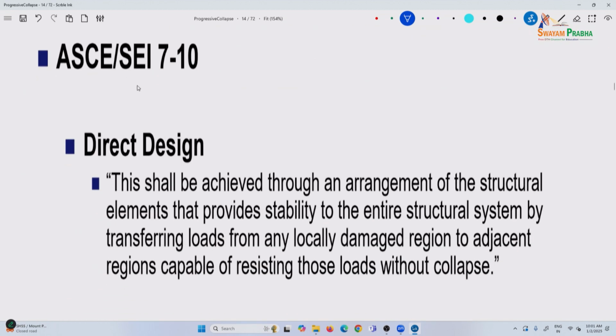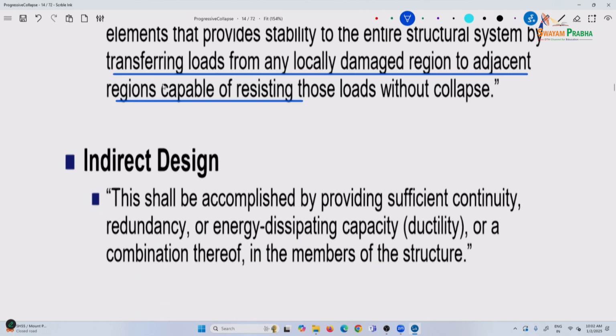The direct design approach shall be achieved through the arrangement of structural elements that provide stability to the entire structural system by transferring loads from any locally damaged region to adjacent regions capable of resisting the load without collapse. So, that is the direct design definition.